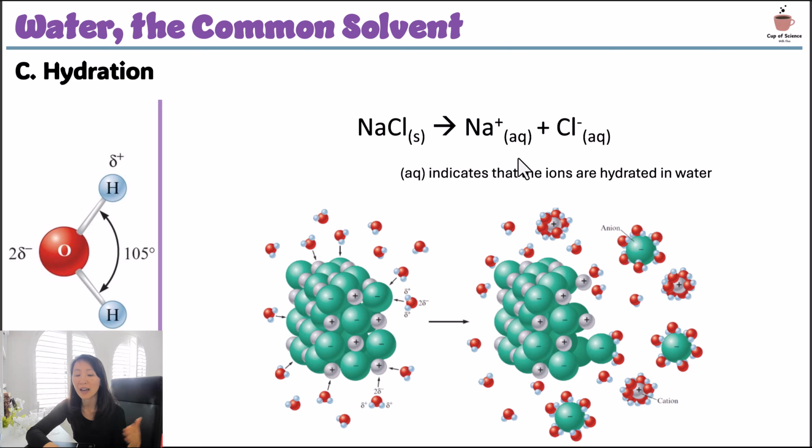It's just that because they're dissolved by water, we write AQ because it means they're surrounded by water. Some textbooks will show this without the separation, as NaCl and AQ, and this is basically the same as written in this format.